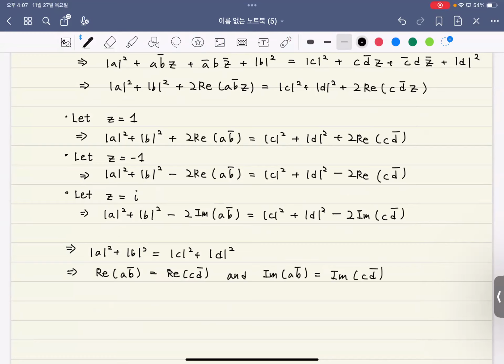So I have two numbers, A times B bar and C times D bar, and they both have the same real and imaginary parts. So they are the same complex number: A B bar is C times D bar.